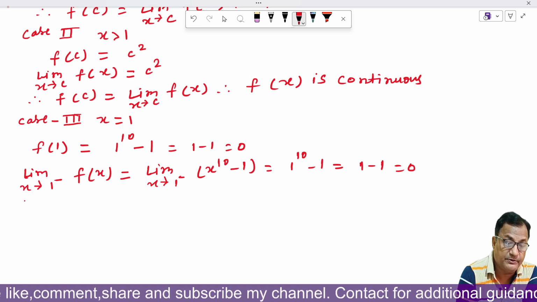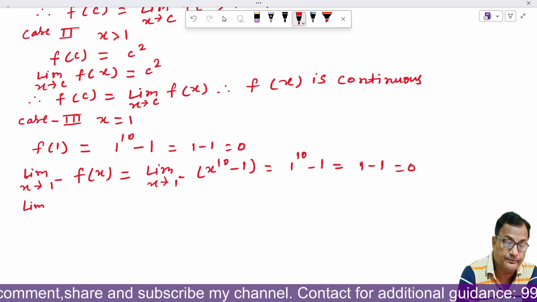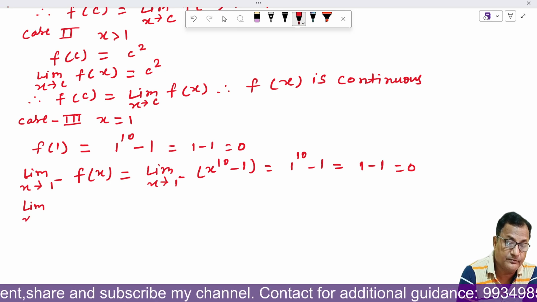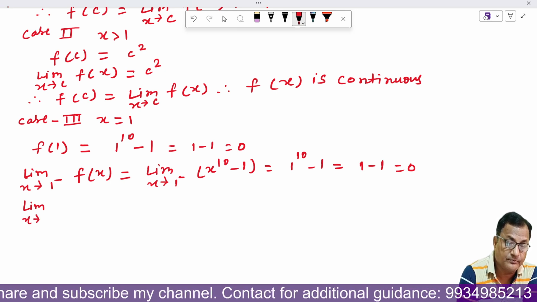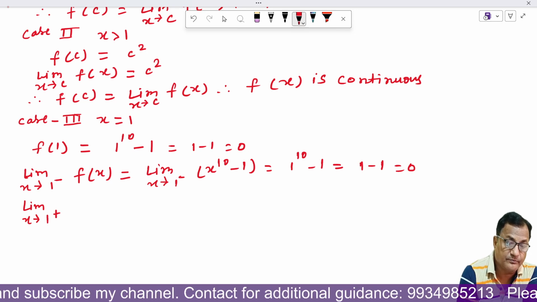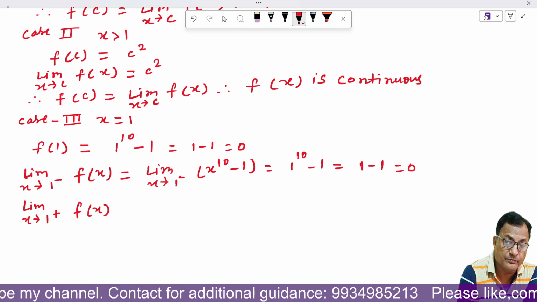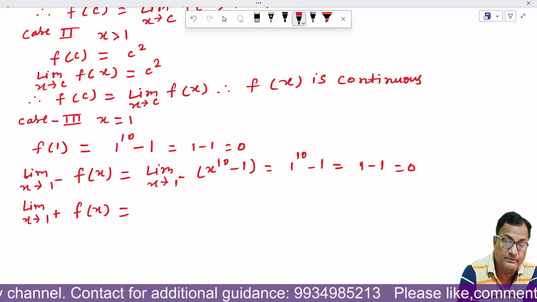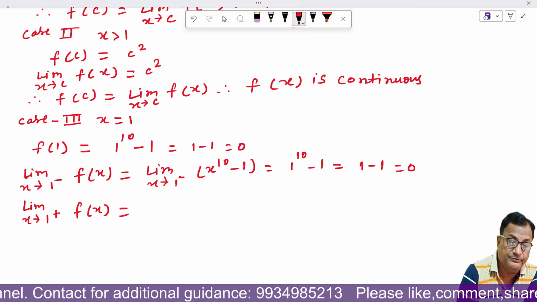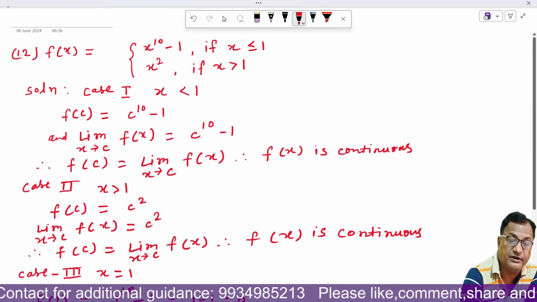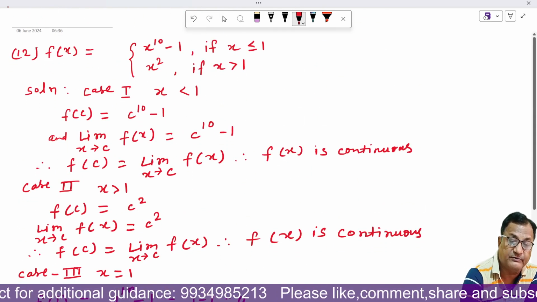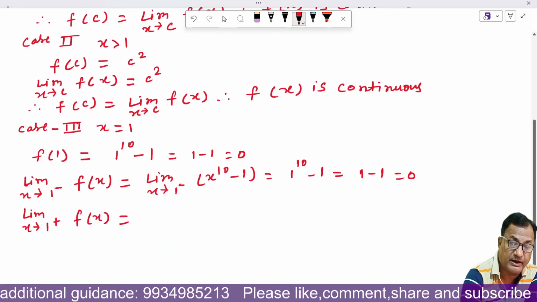Now right hand limit. For the right hand limit we will use the function for x greater than 1, so x square.